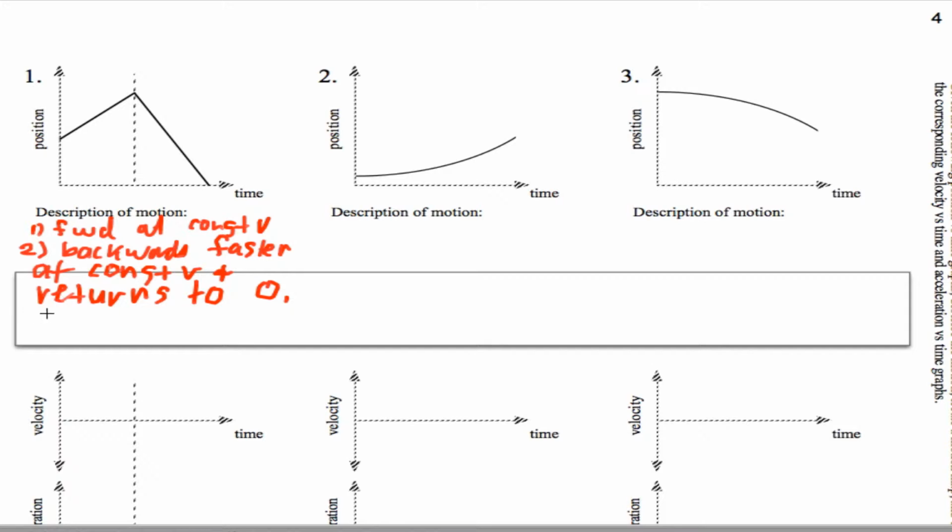I would also want you to say that it starts away from the 0 mark, and that's positive. You need to say all of that. Okay? So the description of the motion in number 2.